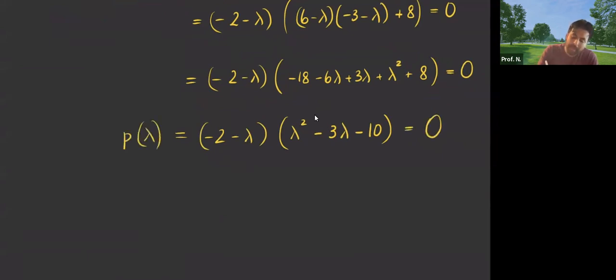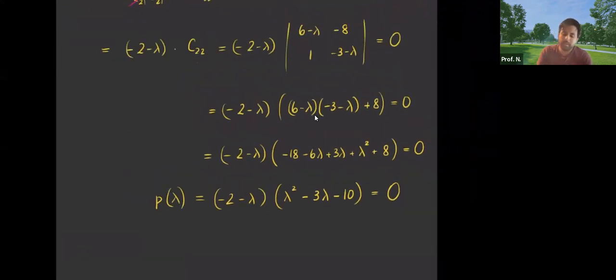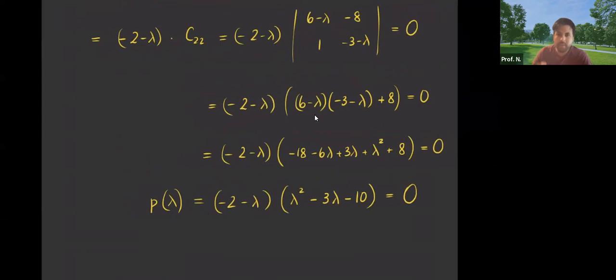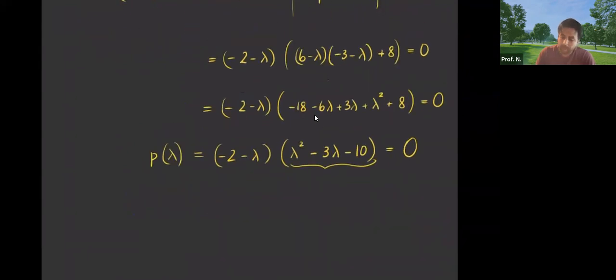So this is P of lambda. And what do you notice? I can factor this further, right? What does lambda squared minus 3 lambda minus 10 factor into?